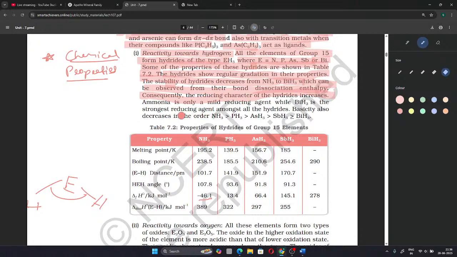Reducing character meaning ammonia is only a mild reducing agent, while BiH3 is the strongest reducing agent among all the hydrides. A reducing agent meaning the power to get oxidized.